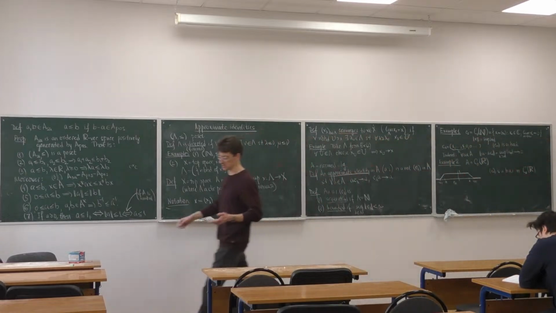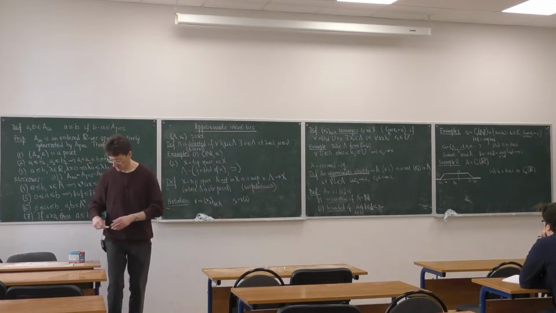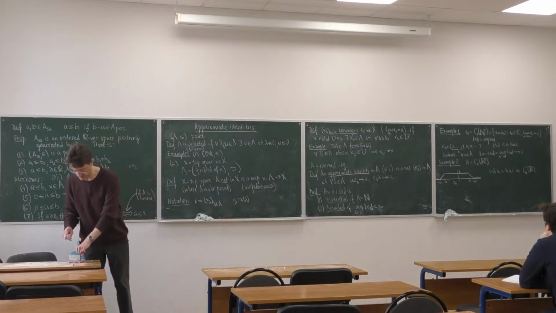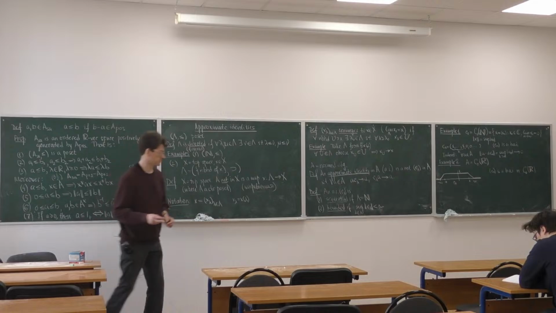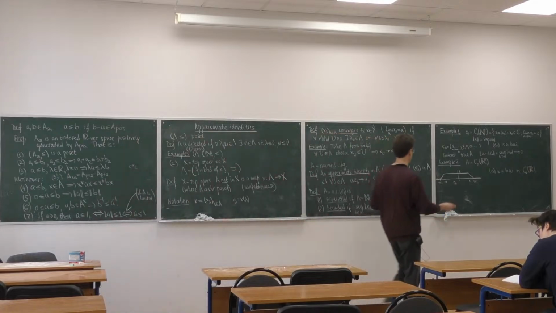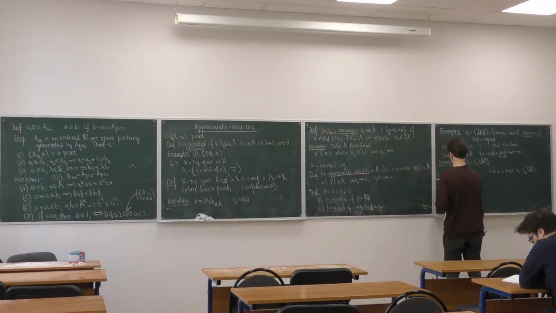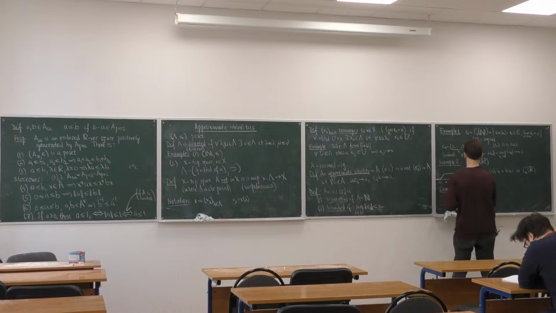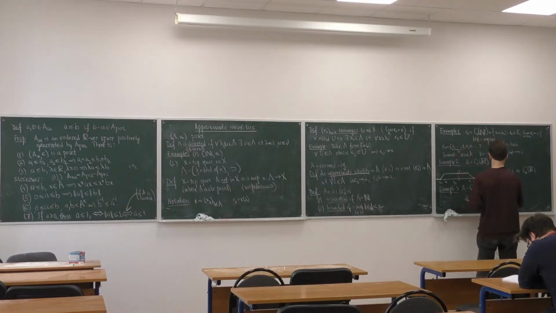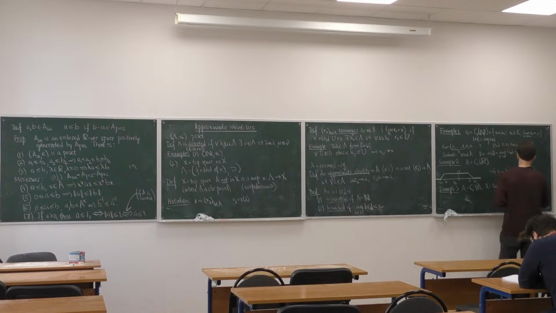More generally, we can construct an approximate identity in the algebra C0 of X on any locally compact Hausdorff topological space. Example 3. Let A be C0 of X, where X is a locally compact Hausdorff topological space.